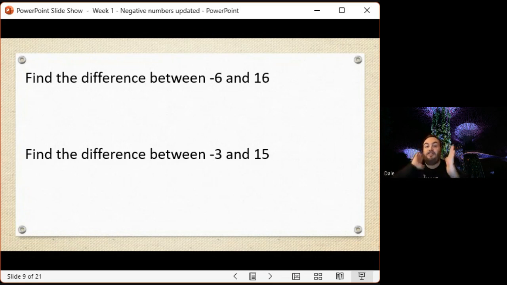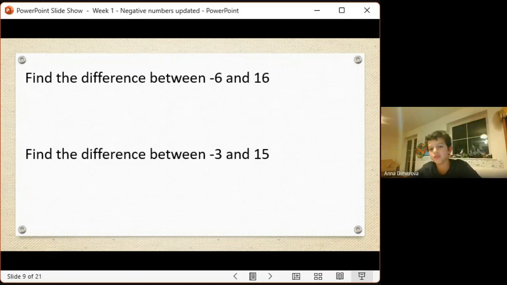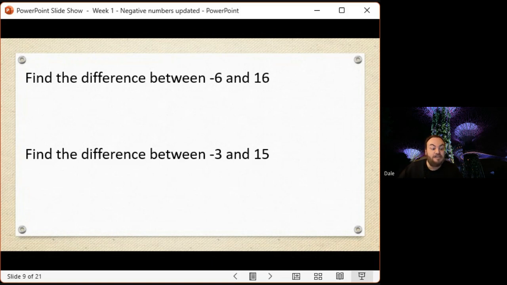But I'm looking for the numbers between them, right? So to work that out, I have the 16 and I add 6. So can you tell me, Govinda, what's 16 plus 6? 22. Fantastic. So the difference between -6 and 16 is 22.